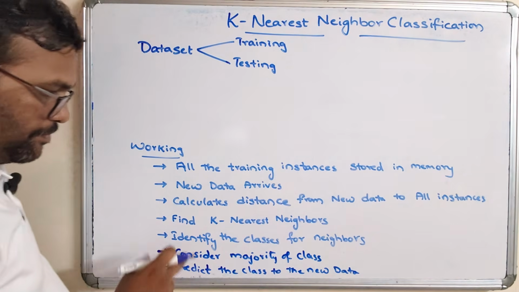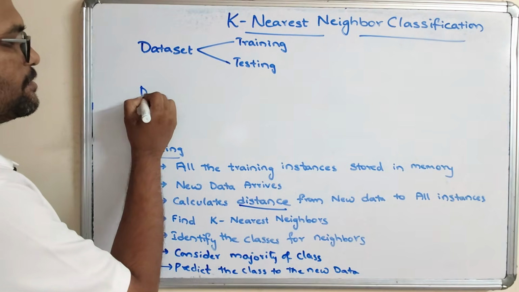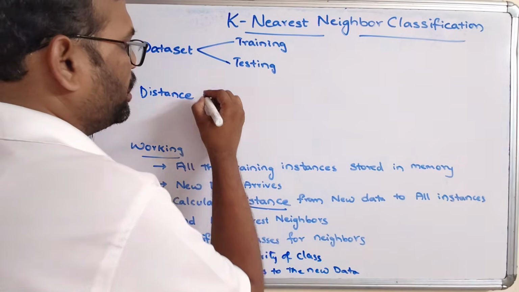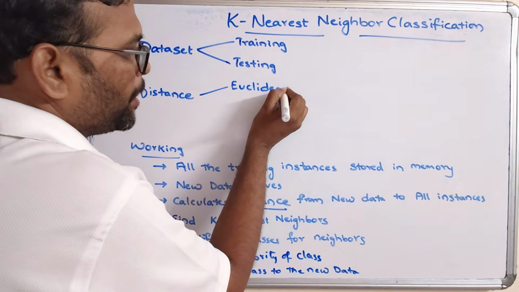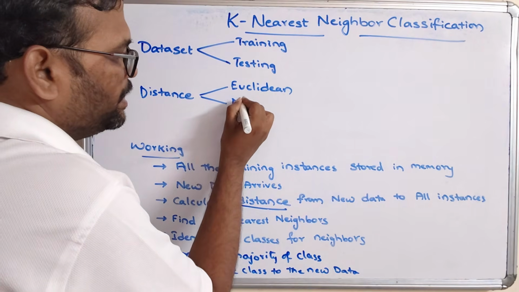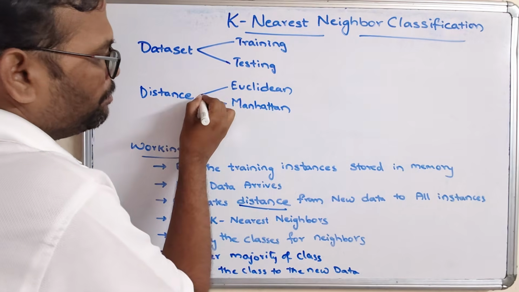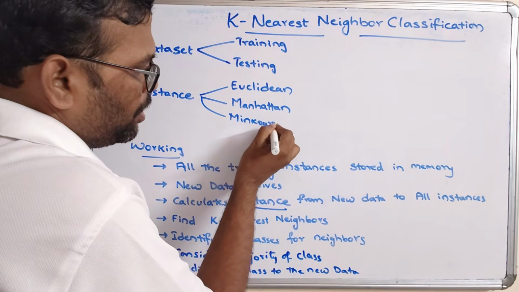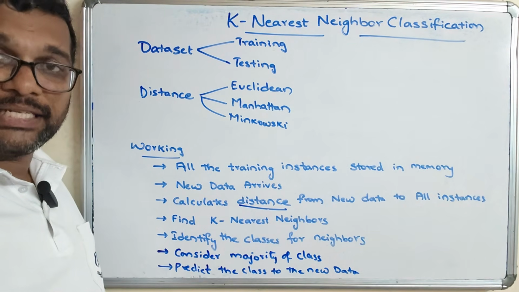After that, the next one, distance. We need to calculate the distance from new data. That can be Euclidean distance, Manhattan distance, or Minkowski distance. We need to find the distance for all the instances.